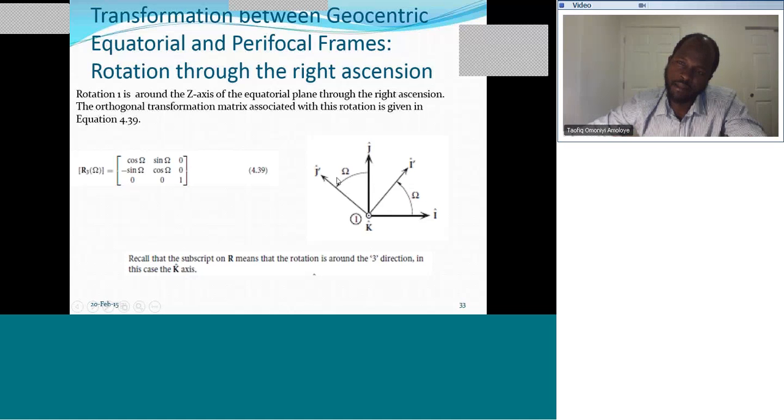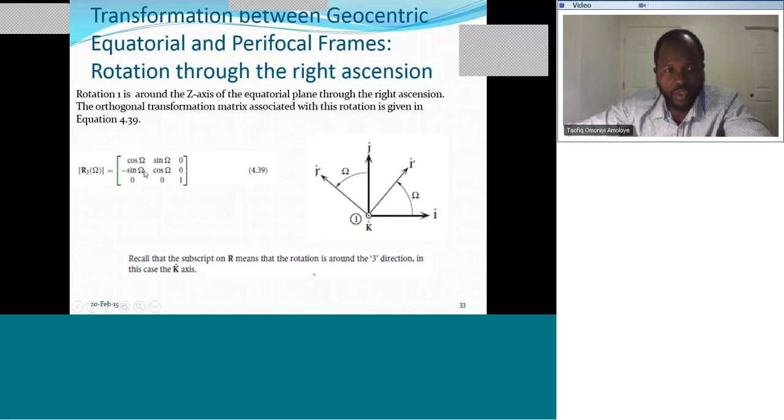the j unit vector will have rotated from j to j prime as well. So what we just need to do now is to use the R matrices that we got a while ago, and then we just have to note that since we are rotating about the z axis, we put R3, and then omega is now replacing phi, since omega is the angle of rotation.